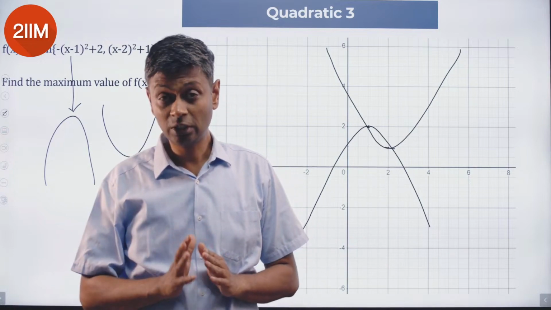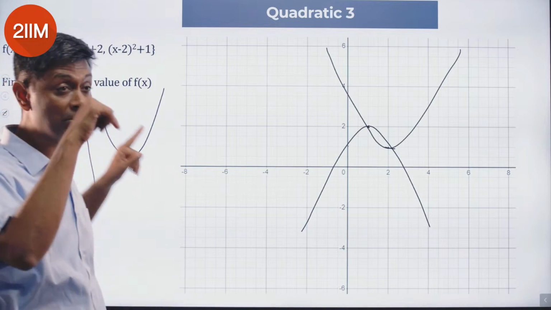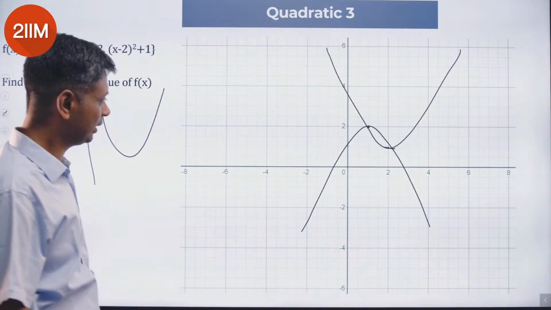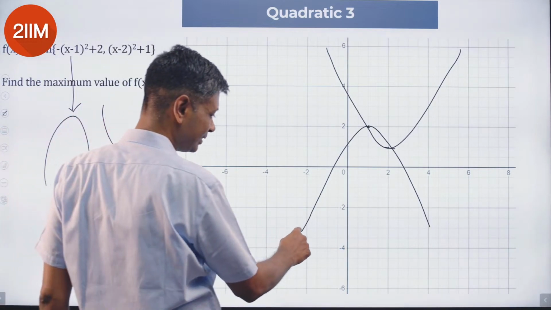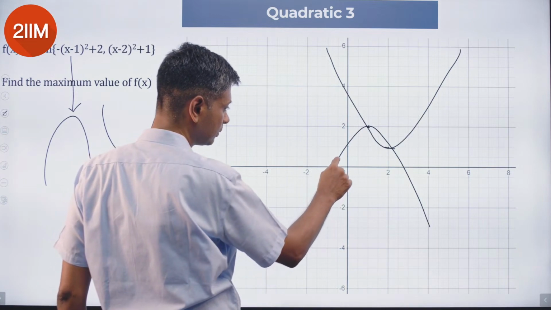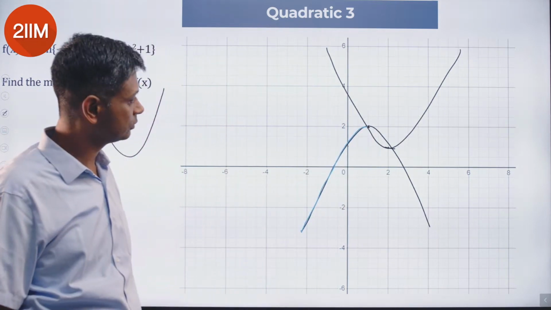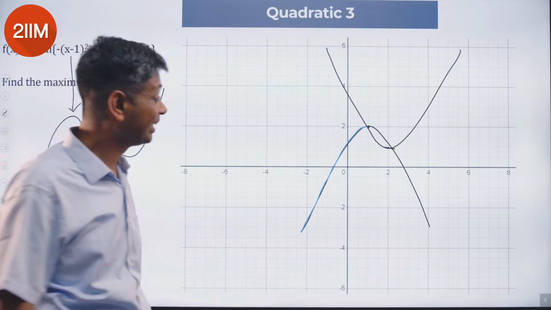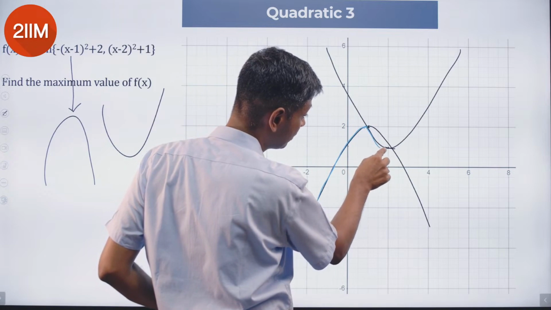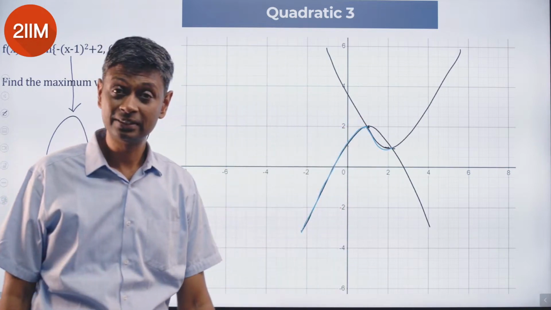Beautiful. Now comes the most interesting part. The function is the minimum of these two. So if I draw the function graph, whenever x is in this side, this will be the graph up to here. And then in this range, this will become the graph, because the other is higher than this.